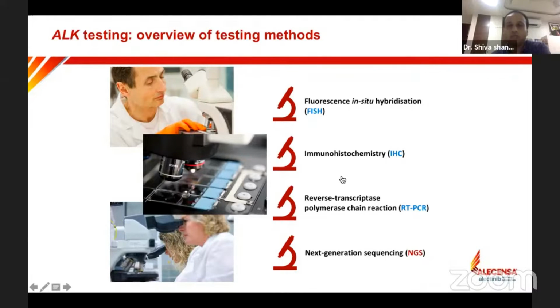The most commonly used and cheap method is immunohistochemistry, but because of the large number of biomarkers in non-small cell lung cancer, if we go for each marker with a single test, we will probably deplete the tissue. So recent guidelines suggest that instead of single marker testing, we go for broad panel testing such as next generation sequencing, which will not only include ALK but also various other markers.